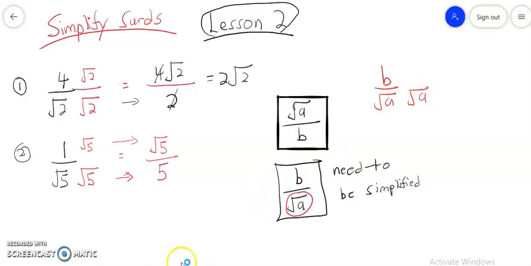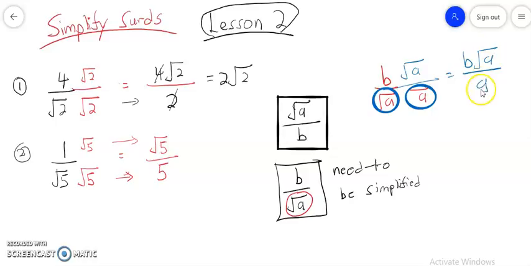The denominator and what you multiply must be the same, but remember to multiply up and down, denominator and also numerator. So it becomes b square root of a over a. So this is your concept of simplifying surds in fraction.